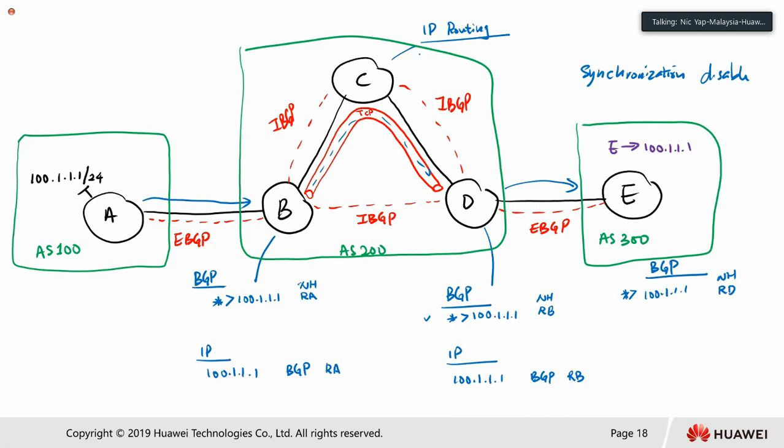a full mesh of IBGP. So it means that I also will get this route information, 100.1.1.1, next hop router B. So in my IP, sorry, this is my IP.